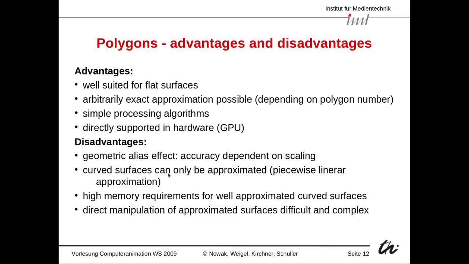And curved surfaces, round surfaces, can only be approximated by piecewise linear approximation. That means we need high memory requirements for well-approximated curved surfaces. And also a direct manipulation of approximated surfaces is difficult and complex because it affects many of those points and triangles.